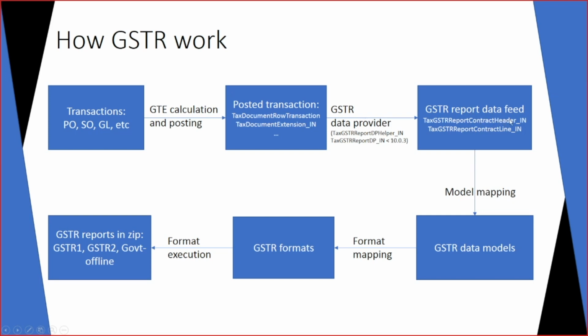The header class, which is very obvious, holds the GSTR report header information. And then the TaxGSTRReportContractLine holds the detailed transaction information, like tax amount, taxable value, item, invoice number, and invoice ID. So everything will be held in this line.